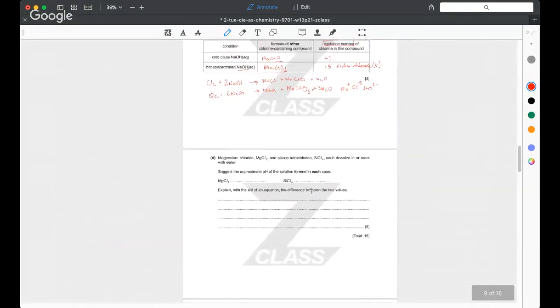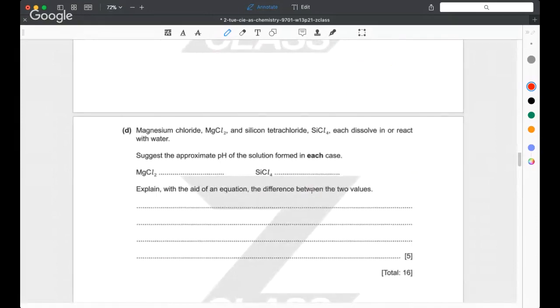Okay, now this one here. When you study periodicity, you have to look at all the chlorides of period 3. You need to know that the pH, if you dissolve magnesium chloride in water, is just below 7, so 6.5 is good.